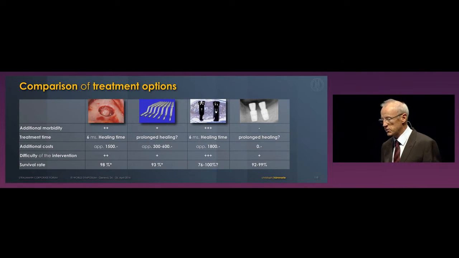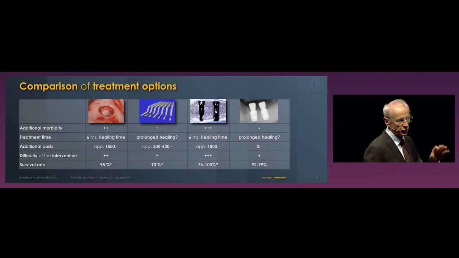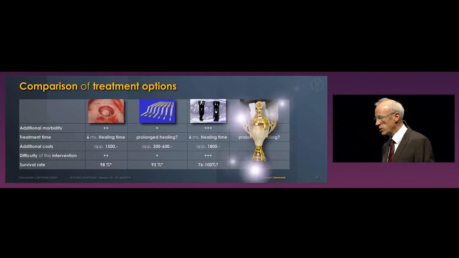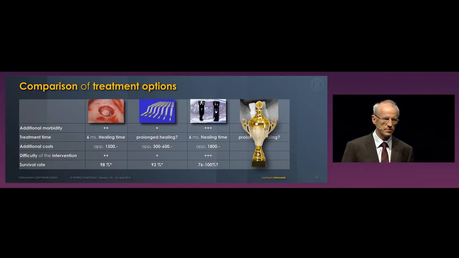And the last one is the survival rate we already looked at. They're all at about similar levels over 3 and 5 year observation periods. So if we summarize all this, I'm sure you agree with me that the trophy goes to short implants.